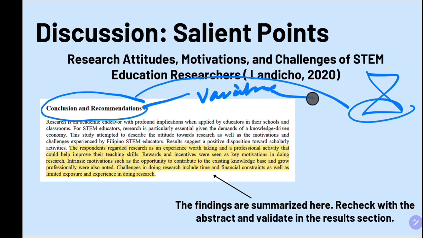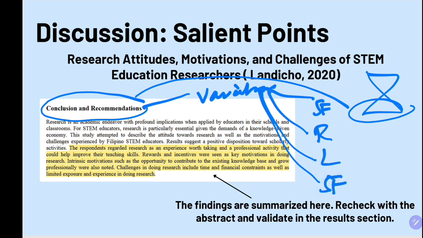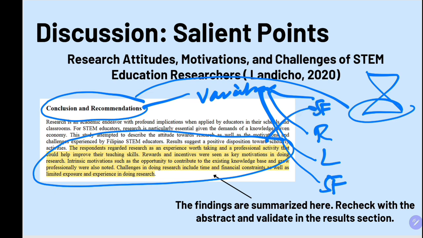We will look for summary of findings, recommendations, limitations, and suggestions for future research. So notice that this particular part here, highlighted here, talks about a summary of findings. Okay, so notice that this is addressing or summarizing answers to the research questions earlier presented.